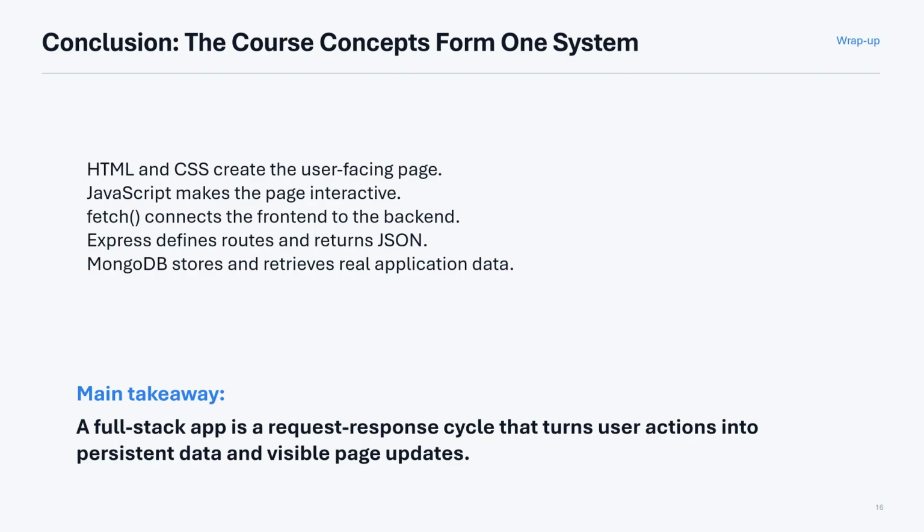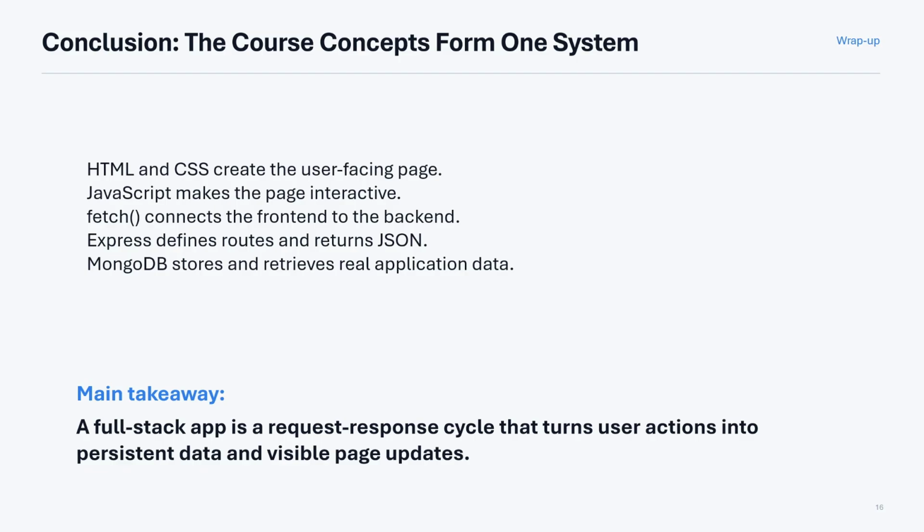When fetch sends it to Express, it gets the HTTP stamp. When Express saves it in MongoDB, it gets a database stamp. When it returns JSON, it gets a response stamp. Finally, when JavaScript creates a new card, it gets the DOM stamp again.